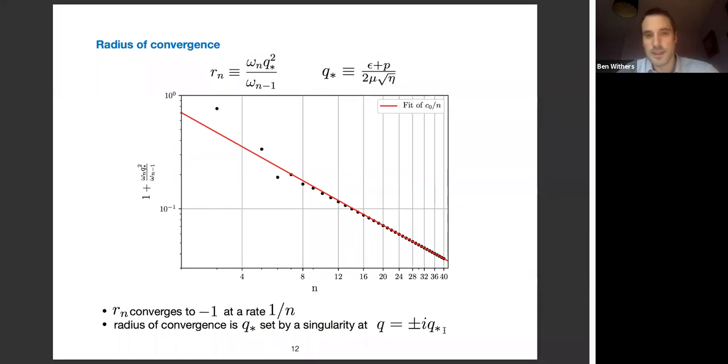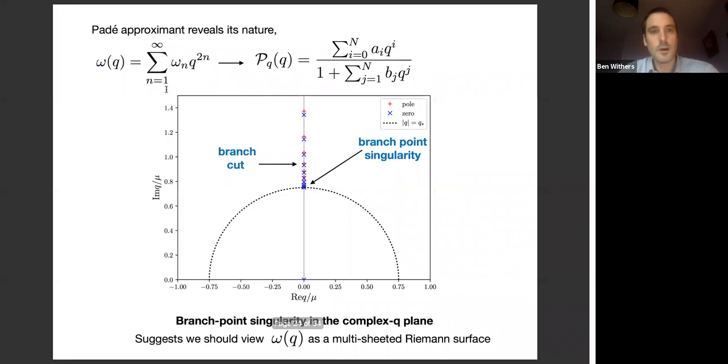And one way you can see that is by doing a Pade approximant of this series data. So part A is you take this series, omega n is a series in q squared, and you instead write it as a ratio of polynomials such that when you expand this ratio for small q, you recover this series. So it's a way of reorganizing this expansion.